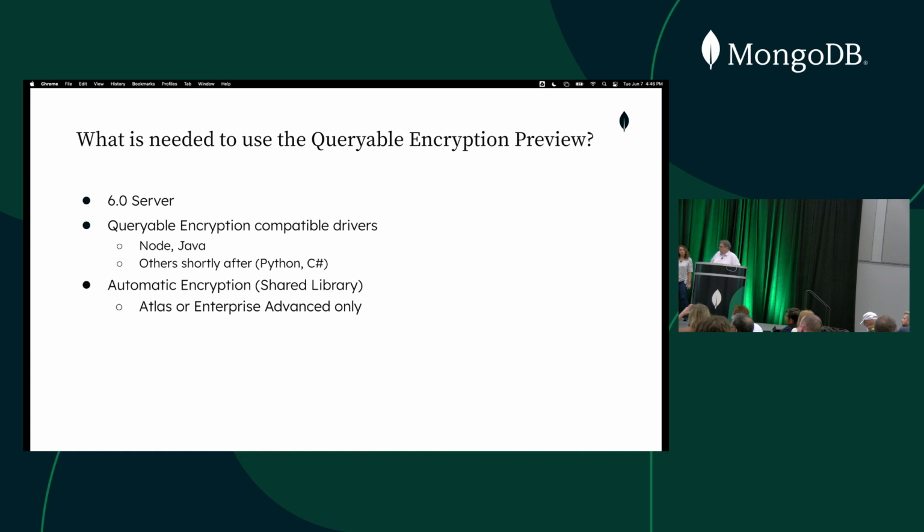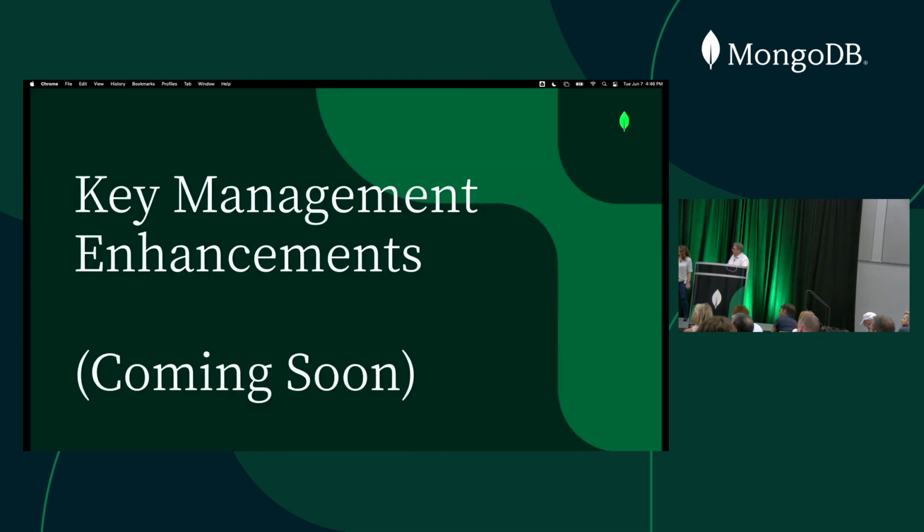The Java driver will quickly give rise to the async driver and Scala as well. So within the next few weeks, we should have 90% of our major drivers supported. Again, automatic encryption is an Atlas feature, but we are making the core crypto framework available to the community edition as well. You want to cover the key management pieces?